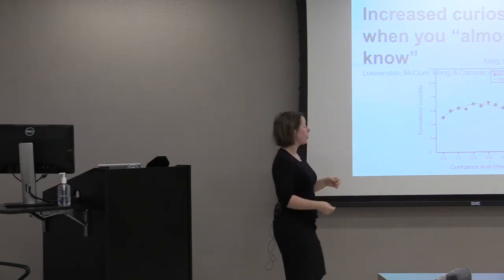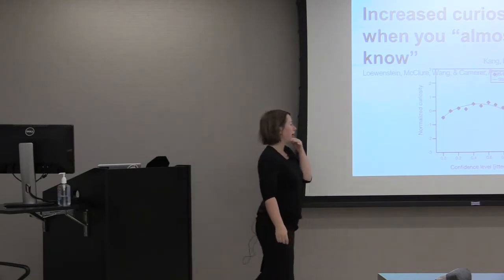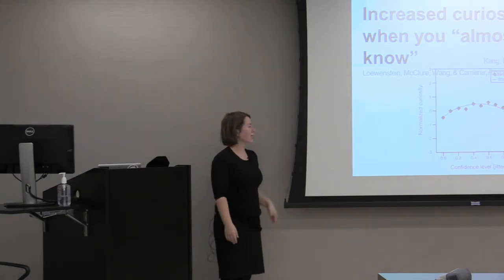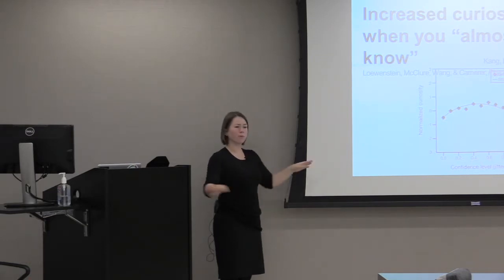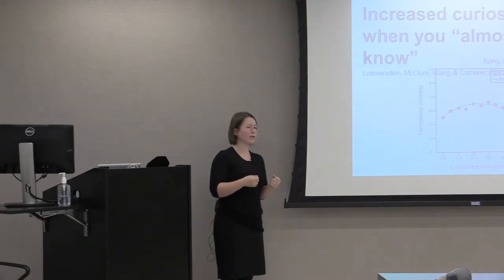So if I were to ask you the answer to a trivia question and you had absolutely no idea, people have reported that you were not very curious about the answer to that type of question. If I ask you the answer and you are 100% sure, if you are very, very confident about the answer, you're also not very curious about that answer. You're most curious about the answer to trivia questions where you think you know the answer but you aren't quite sure.